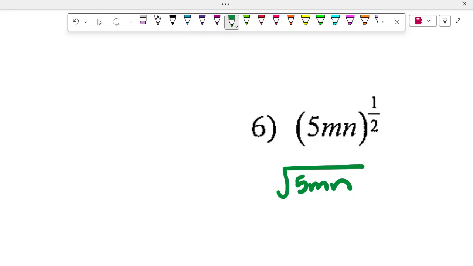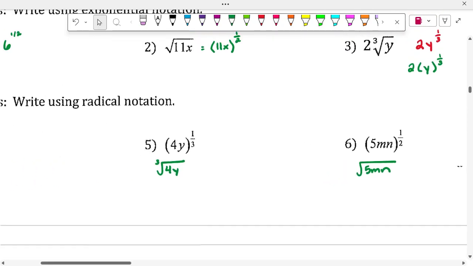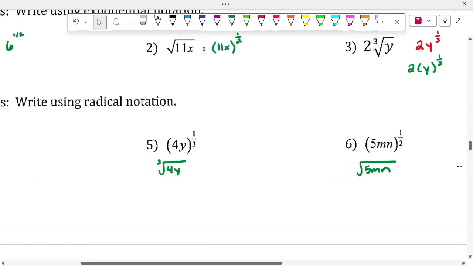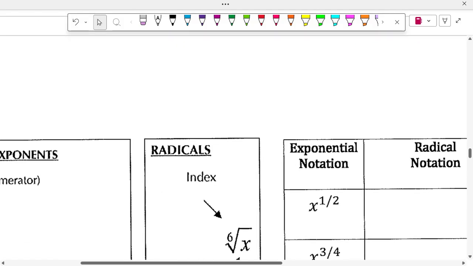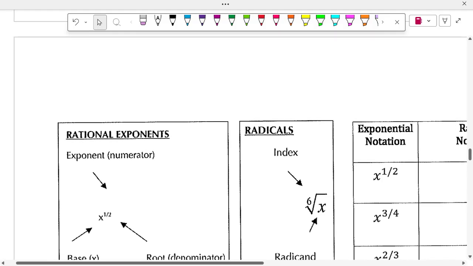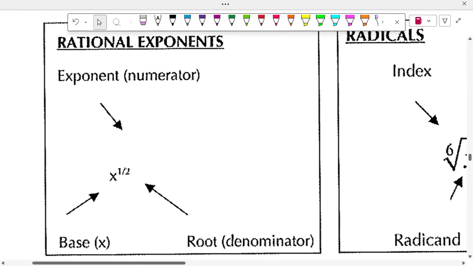Now, that's very simple fractional exponents, but that's not always the case. Sometimes we have some more busy ones. So, just some vocabulary when it comes to fractional exponents. When it comes to reading a fractional exponent, x is your base, just like normal.